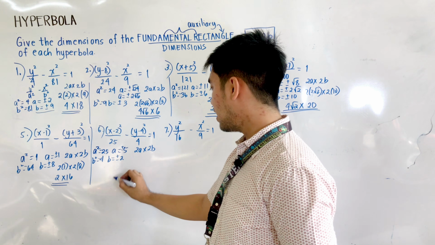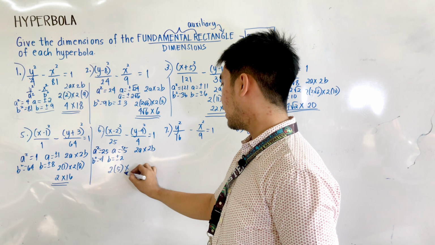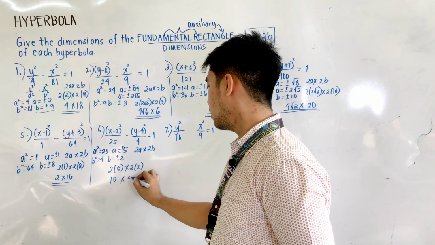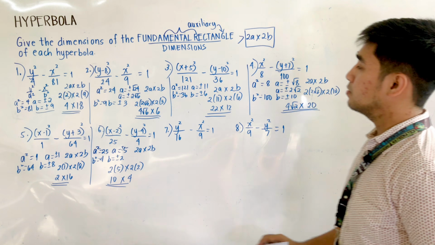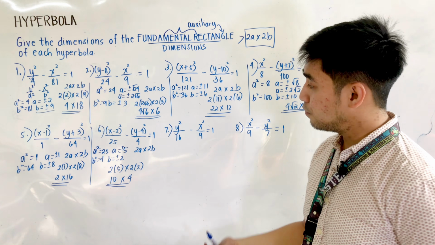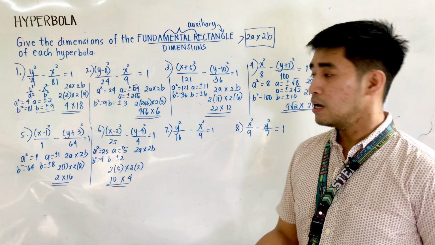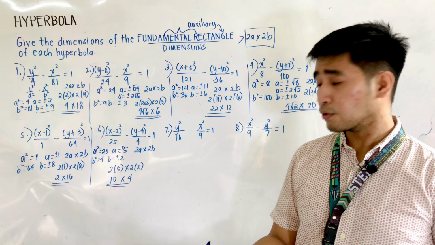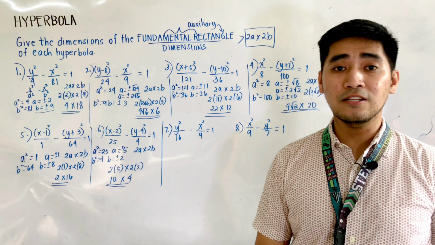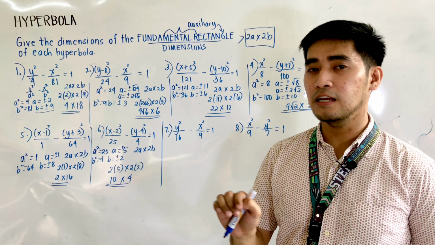Therefore, substituting the values of a and b, this becomes 2 times 5 by 2 times 2. So that is 10 by 4. Therefore, that is the dimension of the fundamental rectangle, or the auxiliary rectangle, if we are given the equation (x minus 2) quantity squared over 25 minus (y minus 4) quantity squared over 4 is equal to 1. Again, the dimension of the auxiliary rectangle, or the fundamental rectangle, is just 2a by 2b.